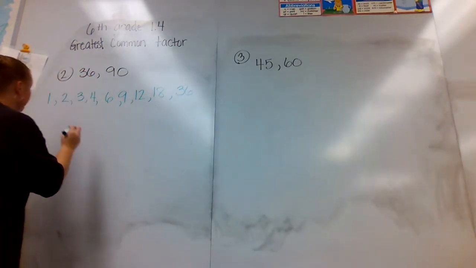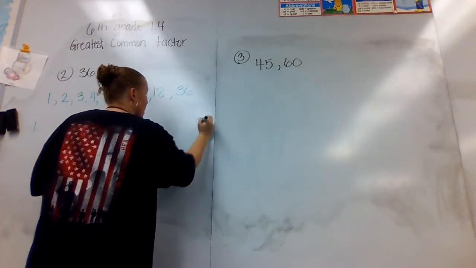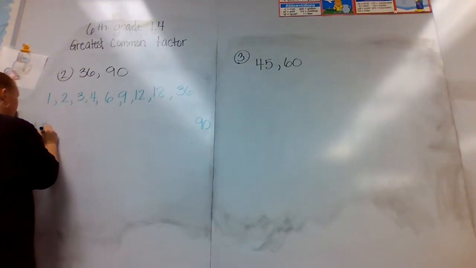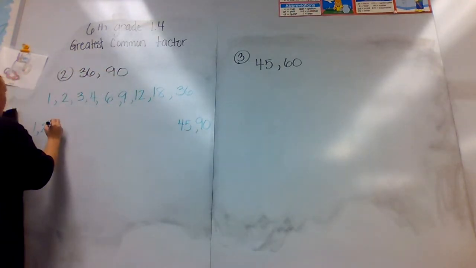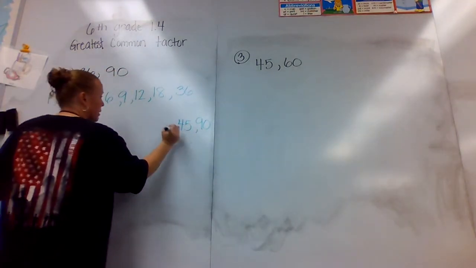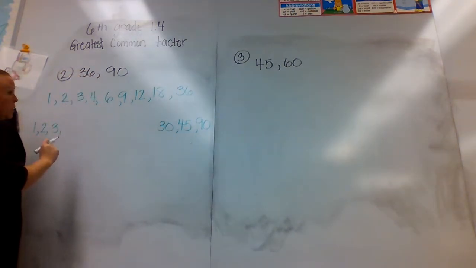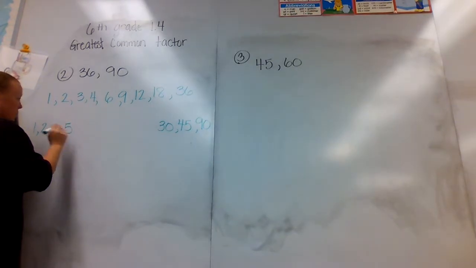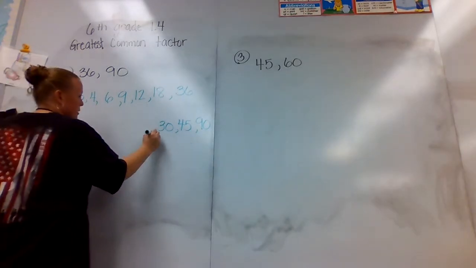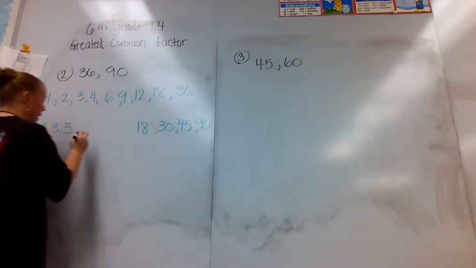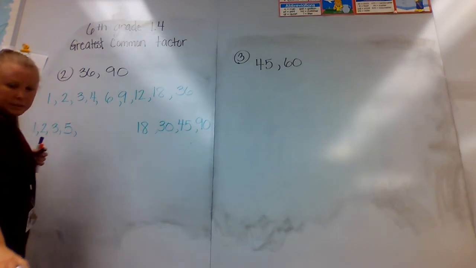Now we need to make 90, okay? So we know 1 and 90, obviously, okay? 2 and 45, okay? 3 and 30, not 4, 5, oh, let's see, 5 times 18, okay, 6 going to 90, let's see.